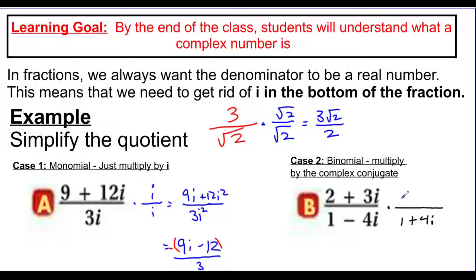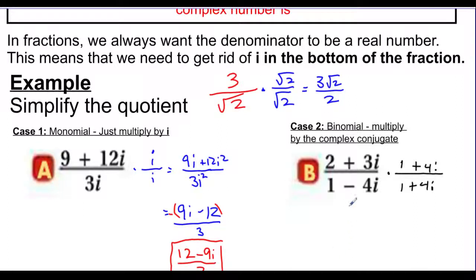Okay, I'm going to multiply that on the top and the bottom. So I'm doing the same thing that I was here. I'm multiplying by something to change the bottom of the fraction into a real number. But in this case, what I multiply by is different. Here it's the complex conjugate. In these ones, I can just use i. Okay, so let's finish this problem and see what we end up with.